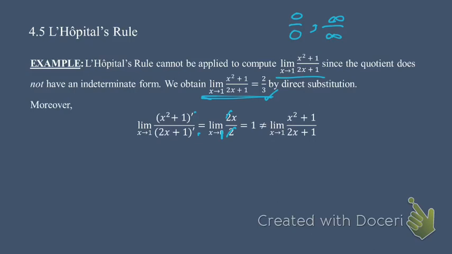Sorry about that. So if I take the limit as we approach 1, we get 1. And so using L'Hopital's rule, I got 1, but the actual limit of this function is 2/3. So we see L'Hopital's rule cannot be applied in just any limit, only the cases where I have these particular indeterminate forms.